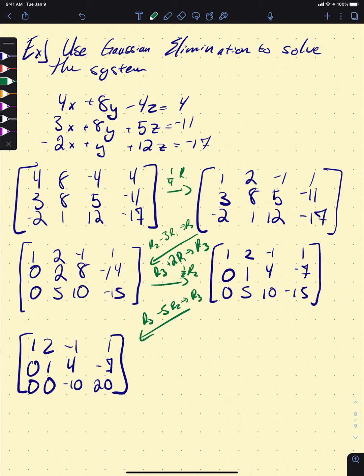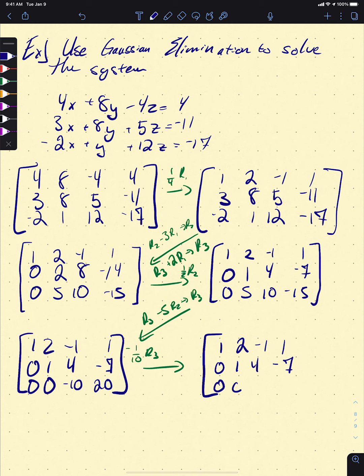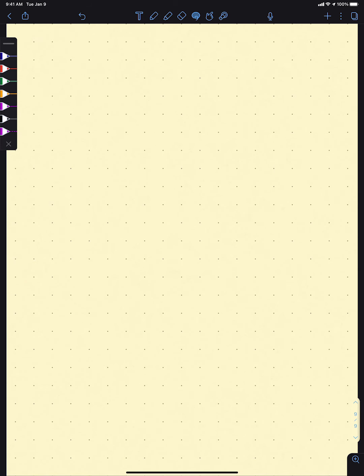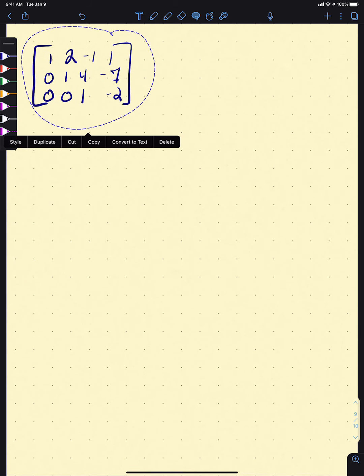If I multiply row 3 by negative 1 over 10, we're going to get exactly what we wanted. 1, 2, negative 1, 1, 0, 1, 4, negative 7, 0, 0, 1, and negative 2. Okay. I'm going to copy this onto the next page for you because we've actually solved our system now.